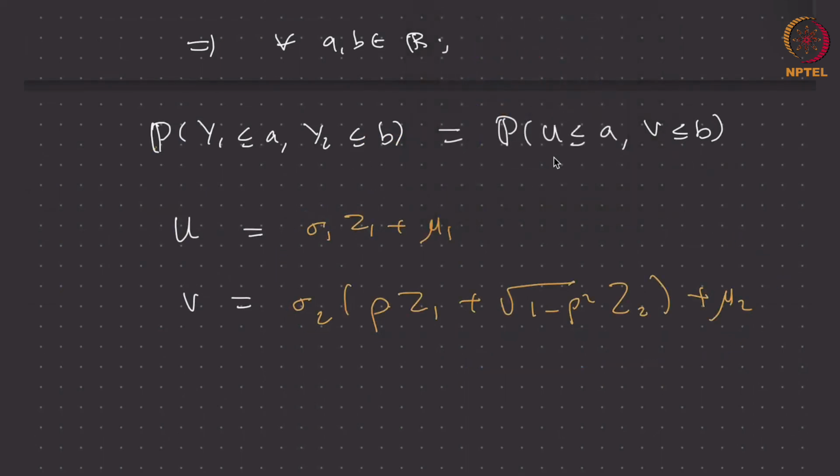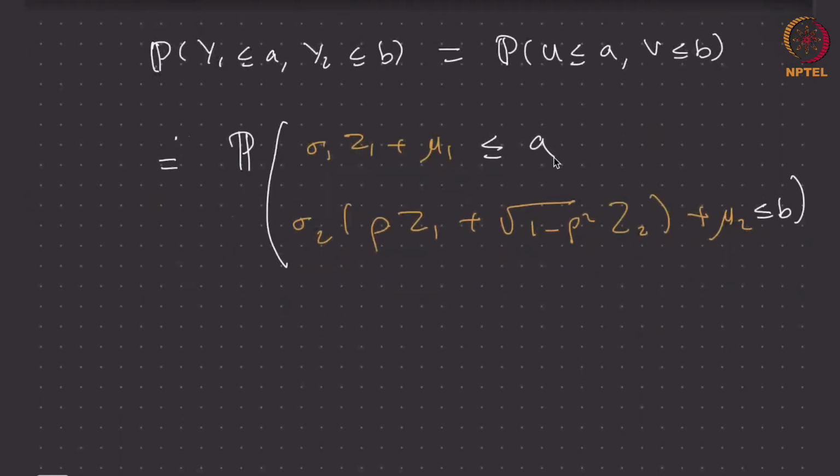So the above probability, if I erase these things after I understand this, is the same as the probability that this is less than or equal to a and this is less than or equal to b. This is what I have, right?